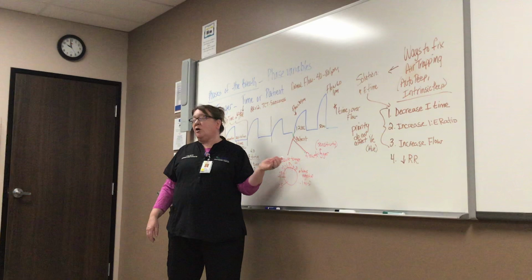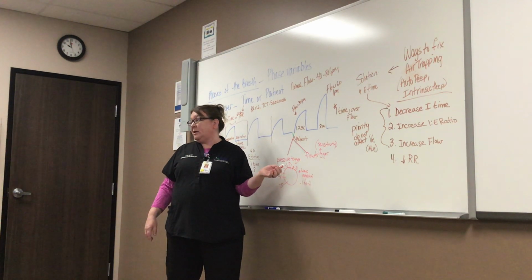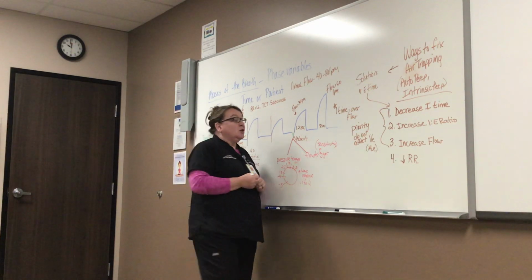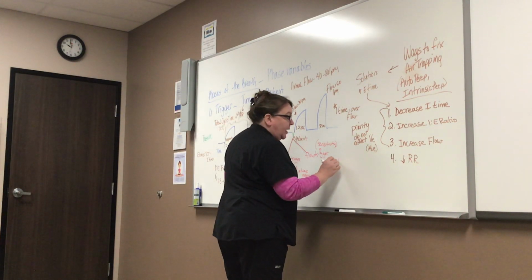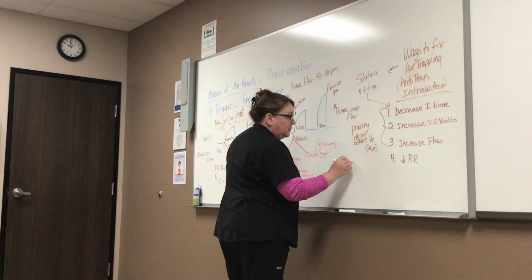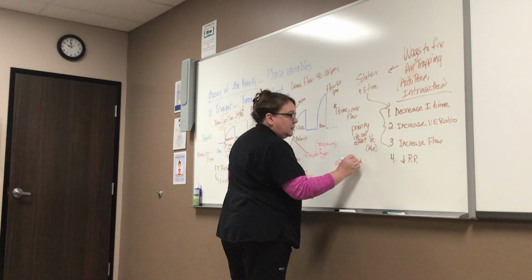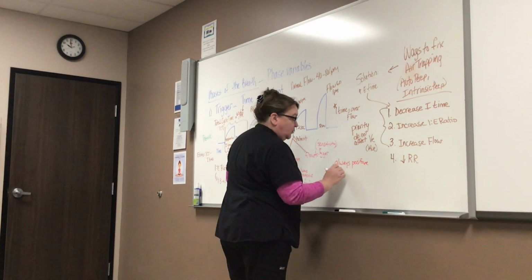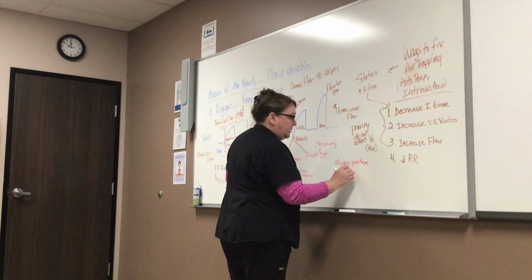It's harder for the patient to trigger the ventilator with pressure trigger than it is with flow trigger, which I'm going to show you why in a minute. So flow trigger is always a positive number, and it's 1 to 10 liters per minute.